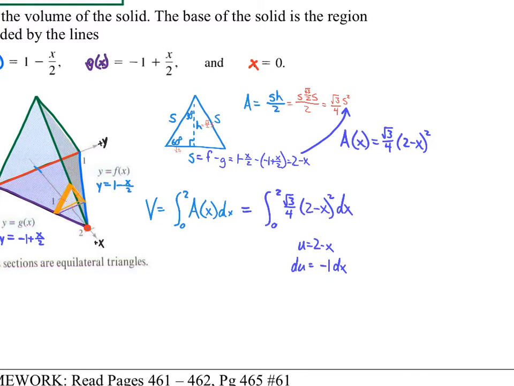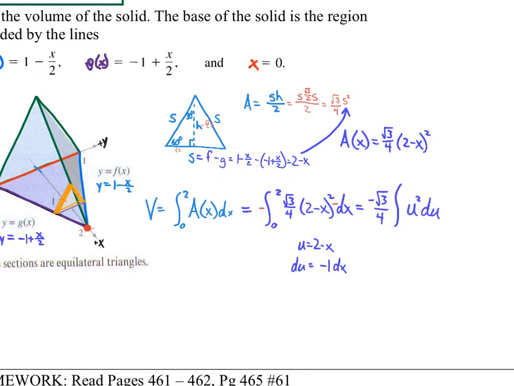Can we pull the square root 3 over 4 out? We definitely can, and I'm going to need to put a negative in here and a negative out there, so that's why it's negative root 3 over 4. And then that's times the integral of u squared du.